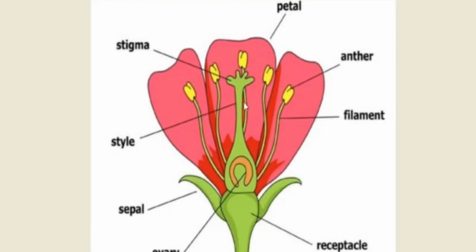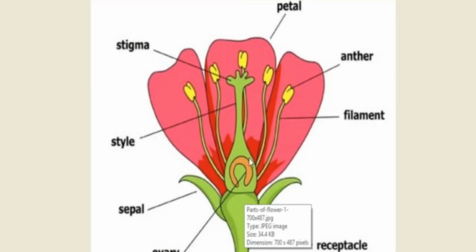Now the fourth part is the female reproductive part, which is centrally located in the flower. It consists of a collection of one or more carpels which organize to form one or more pistils. Each pistil has 3 parts. Starting from the bottom, the pistil contains the ovary. It is the swollen basal part, with one to many chambers called locules, containing ovules which get fertilized to form seeds, and the fertilized ovary forms the fruit.